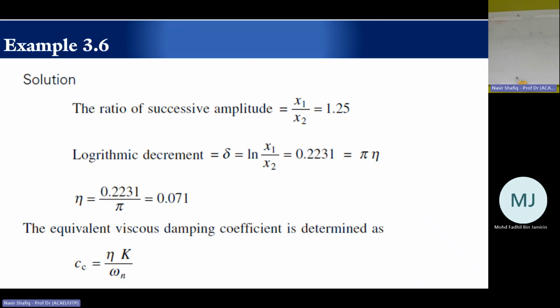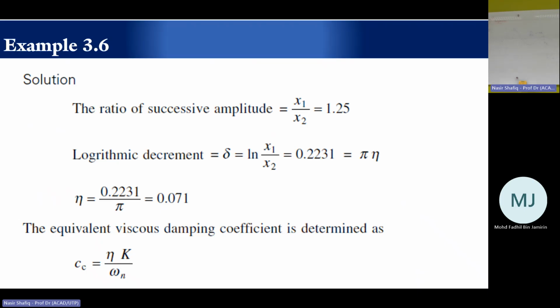You put 1.25, so the natural logarithm of 1.25 is 0.2231. Can you check? Correct? So that is equal to pi times eta. So from there, eta can be calculated.